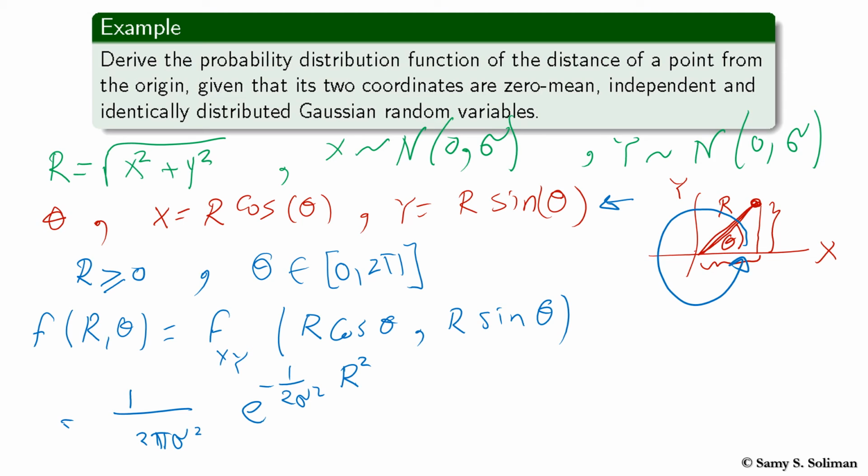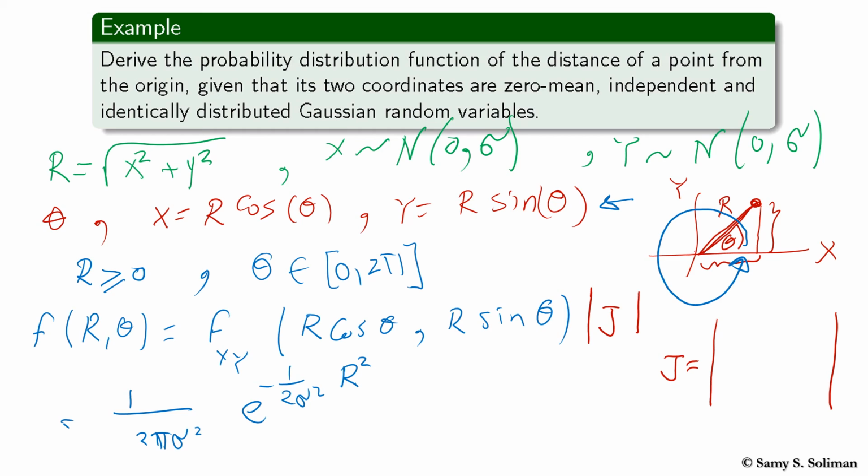However, the term that we forgot to add is the Jacobian. As we said, in the case of continuous random variables, we have to multiply by the absolute value of the Jacobian, where the Jacobian itself in this case is the determinant of the derivatives of x1 and x2 with respect to y1 and y2.